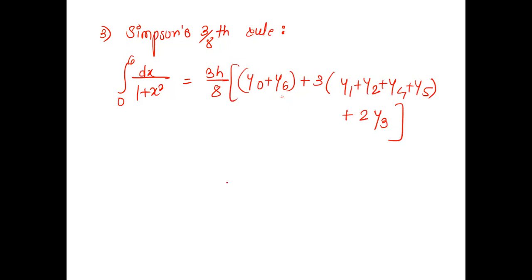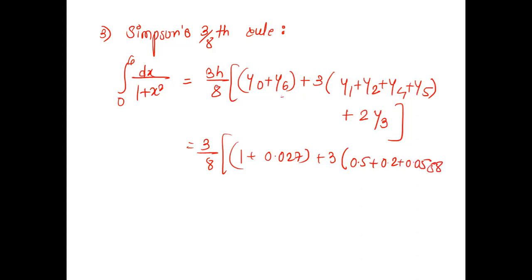Now solve. 3h is 1, 3 by 8, 1 plus 0.027, 3.5.2, 0.0588 plus 0.0385 plus 2 times y3, 0.1.